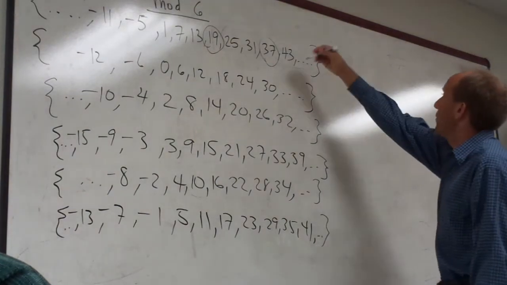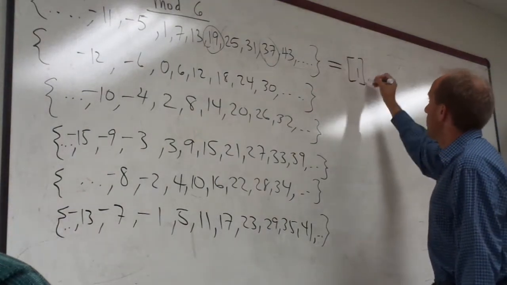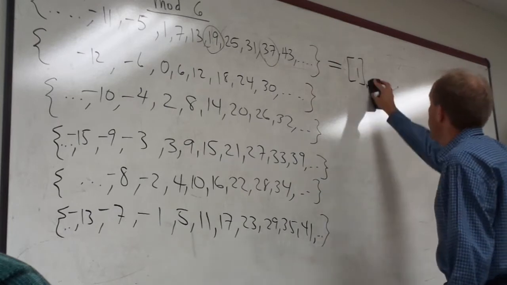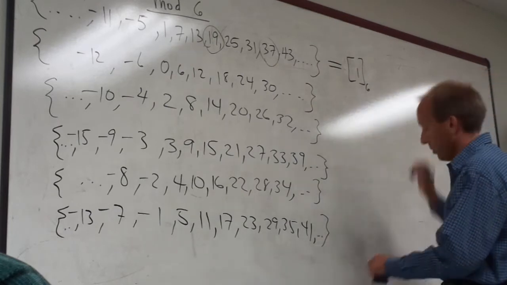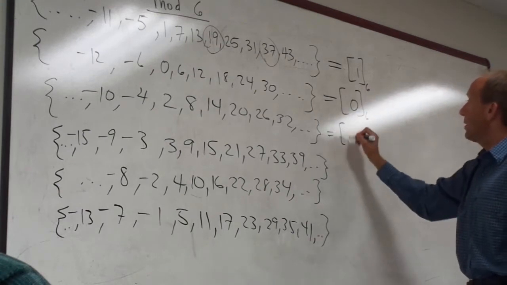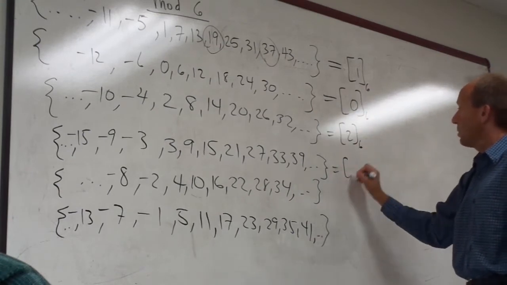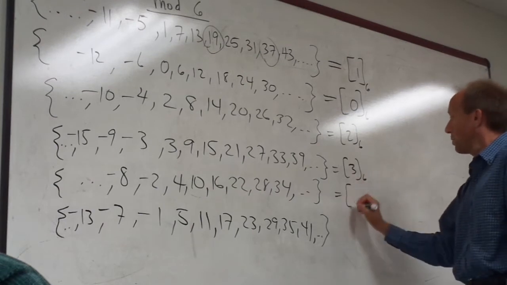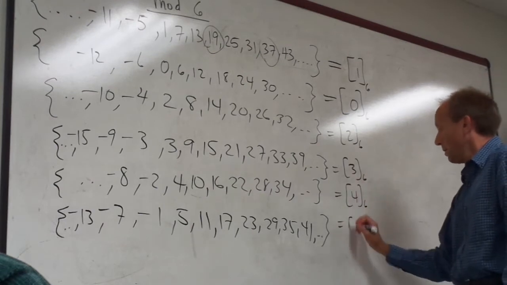And so this first set becomes the congruence class of 1 modulo 6. This set is 0. This set is 2. This one is 3. This one is 4. And this one is 5.